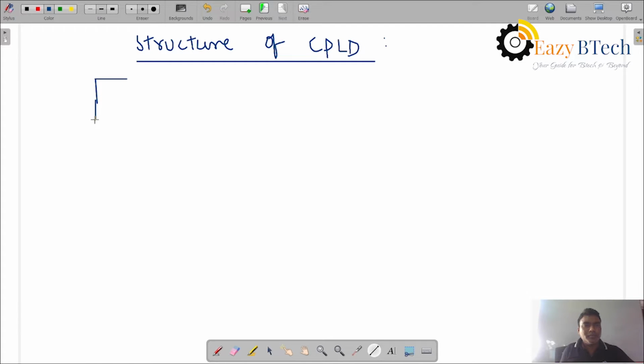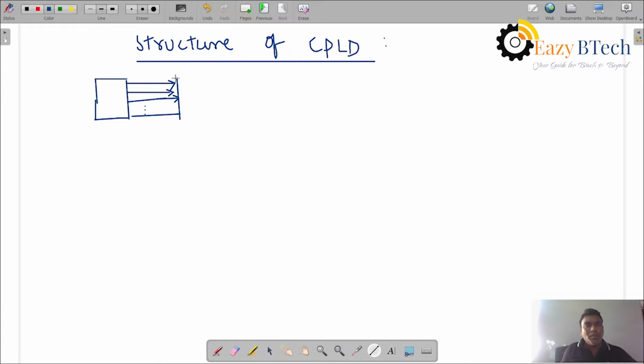Then you can discuss the structure of the CPLD. First one is the IO connections, the IO block, which are connected to the PAL-like blocks.